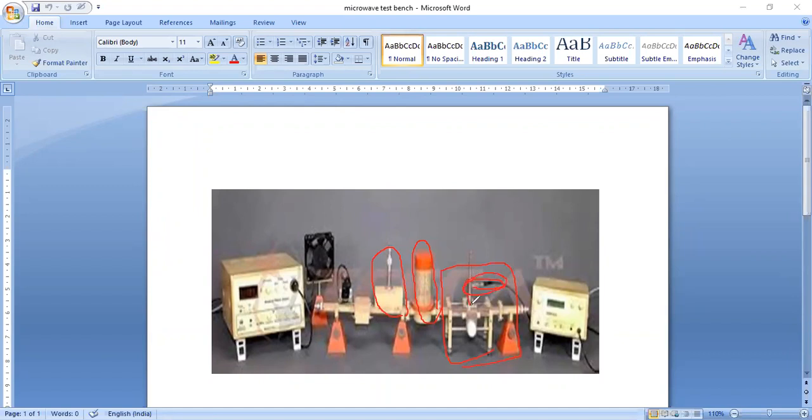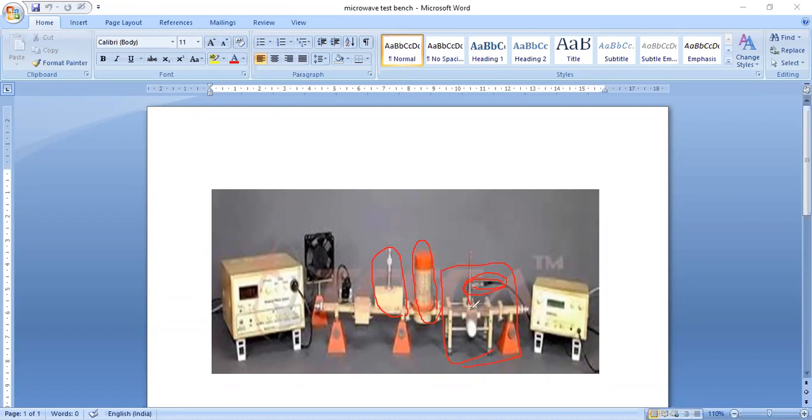I told you in the beginning, various measuring devices are connected to this slotted waveguide. To this probe, I can connect either a CRO or a power meter.